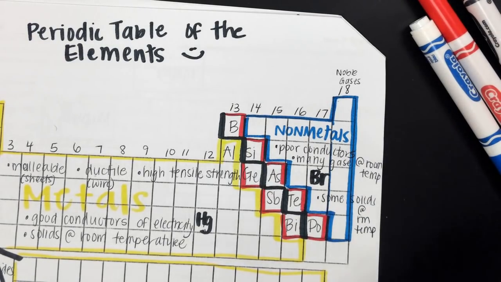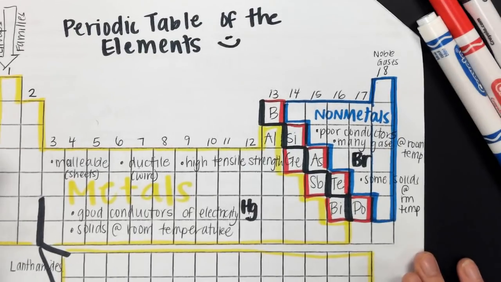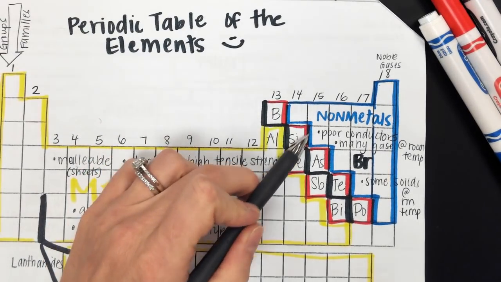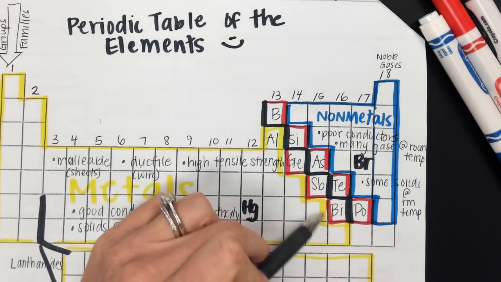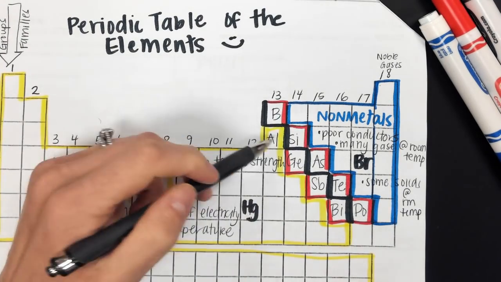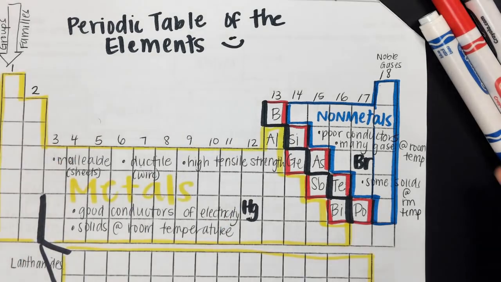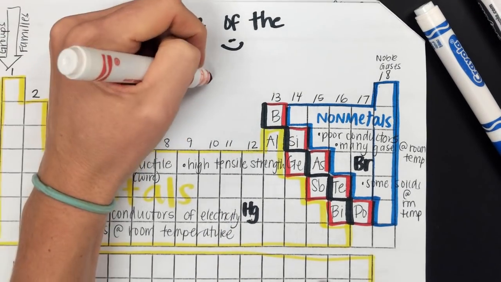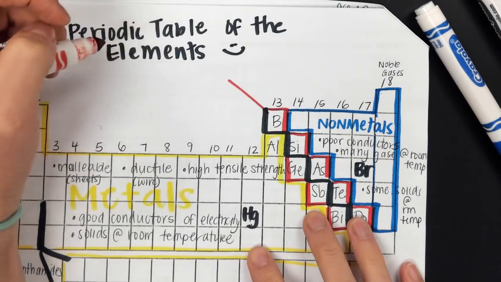Okay, so the last section of elements that I want you to take notes on is the red section that fell along this zigzag line. Remember, every element except aluminum that touches the zigzag line. These are called metalloids.